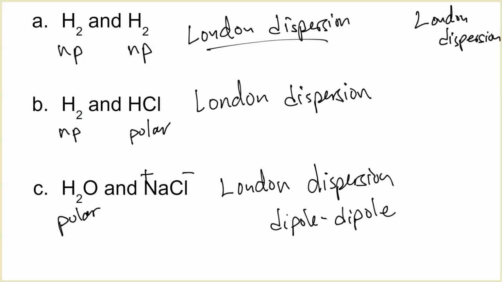Do you think these behave more like polar or non-polar molecules? They're more polar. These are actually ionic, so they have the full charges. So what's the second type? Dipole-dipole. They'll do both London dispersion and dipole-dipole.